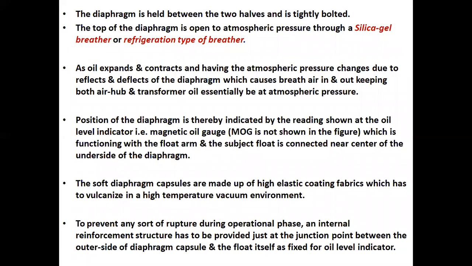The diaphragm is held between the two hubs and is tightly bolted. The top of the diaphragm is open to atmospheric pressure through a silica gel breather or refrigeration type of breather.